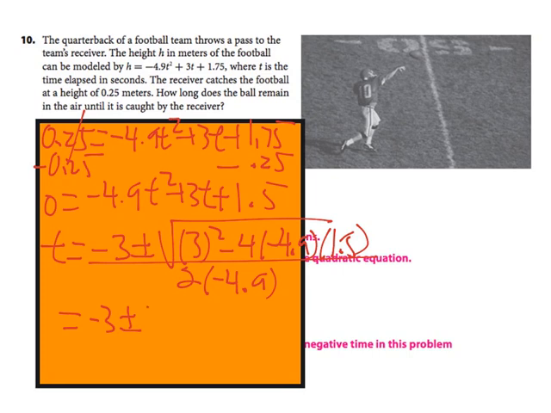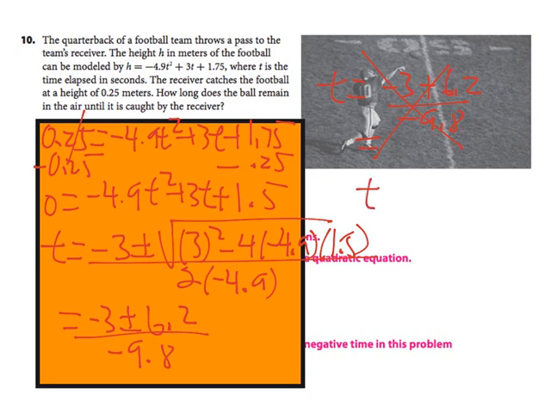Okay, so I'm going to round this up to 6.2 over a negative 9.8. So then our t would be negative 3 plus 6.2 over negative 9.8. So this is going to be a negative number, right? So then we don't need that.